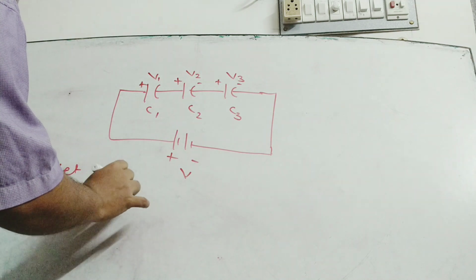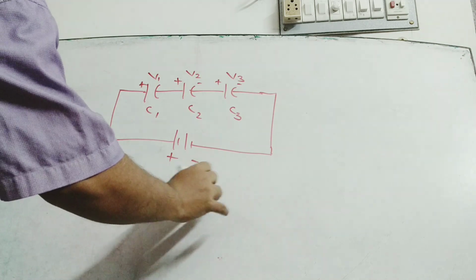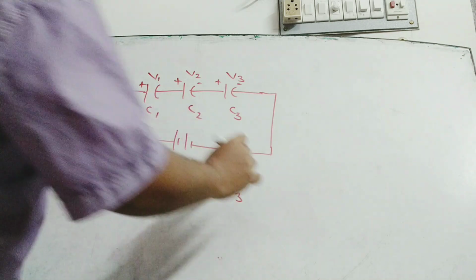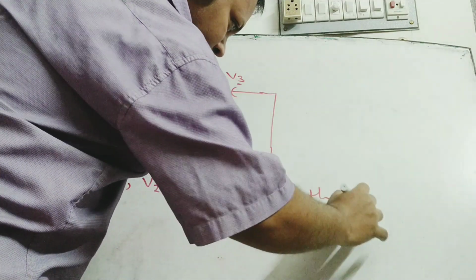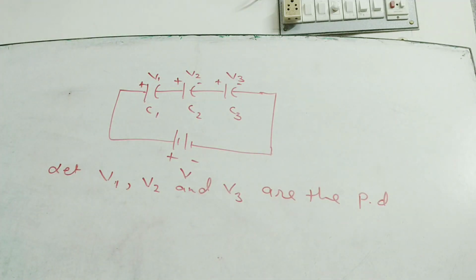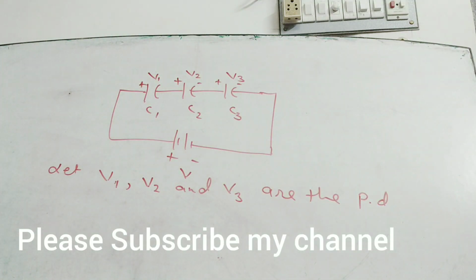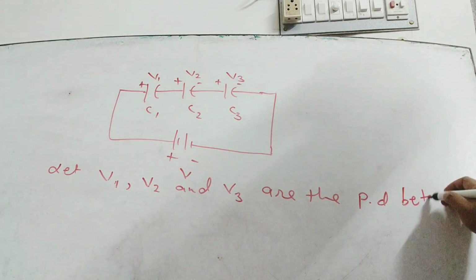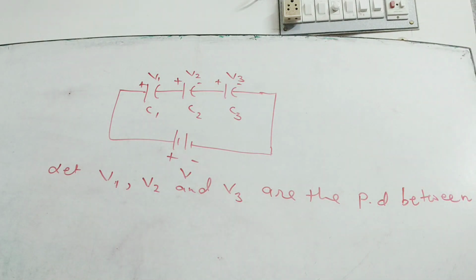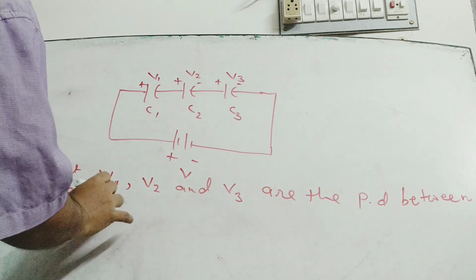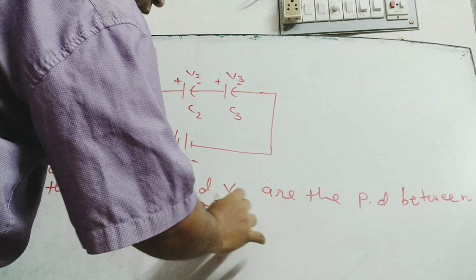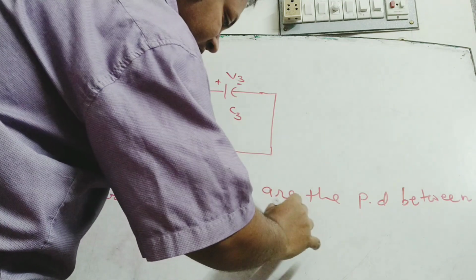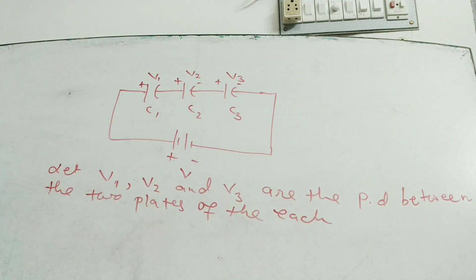Let V1, V2 and V3 be the potential difference between the two plates of each capacitor respectively.